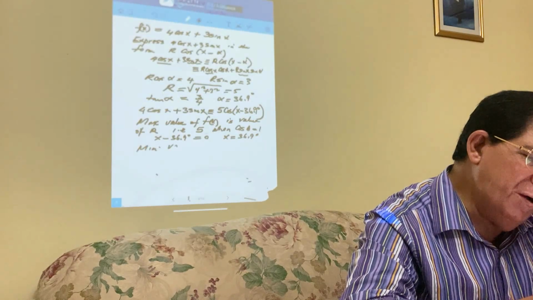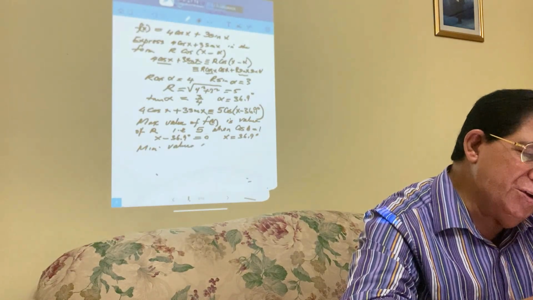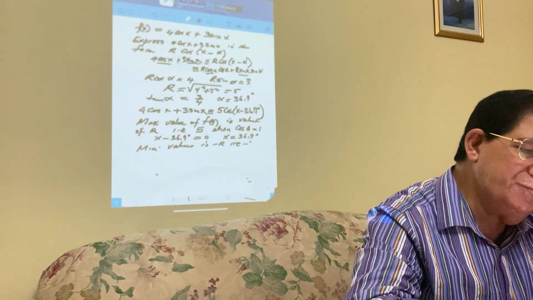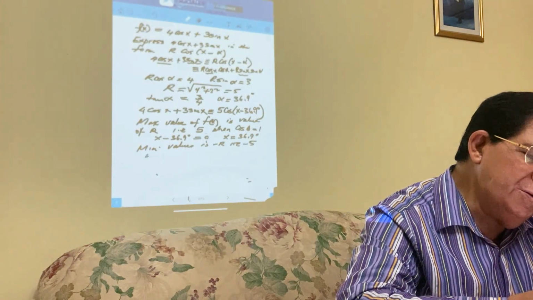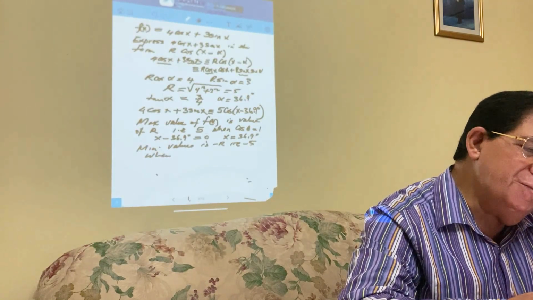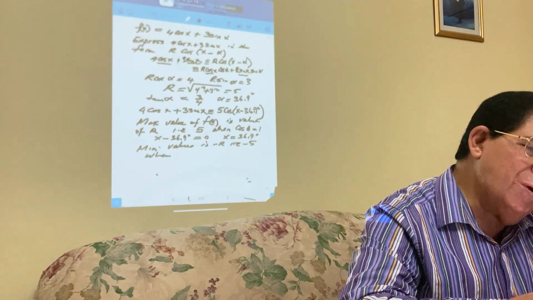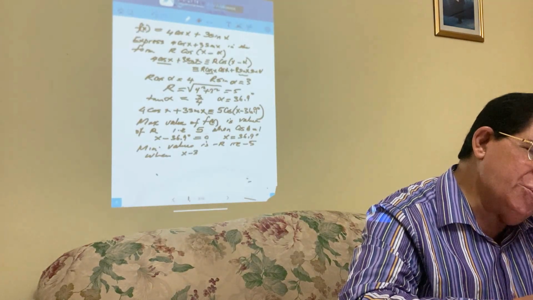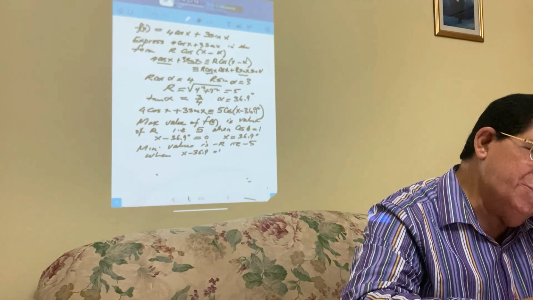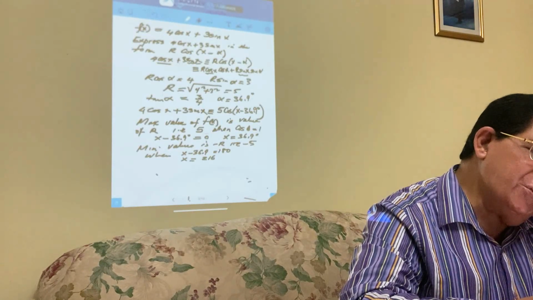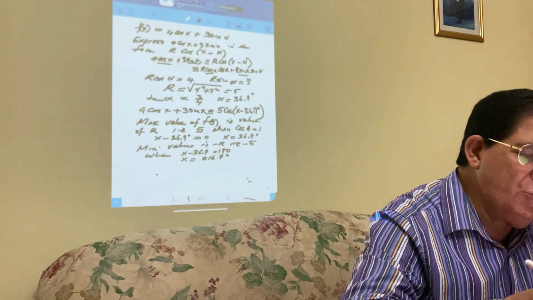We say the minimum value is minus r, i.e. minus 5, when the cosine is negative 1. The cosine is negative 1 when the angle is 180. When the angle x minus 36.9 equals 180, it means x equals 216.9 degrees. Is the same conclusion.